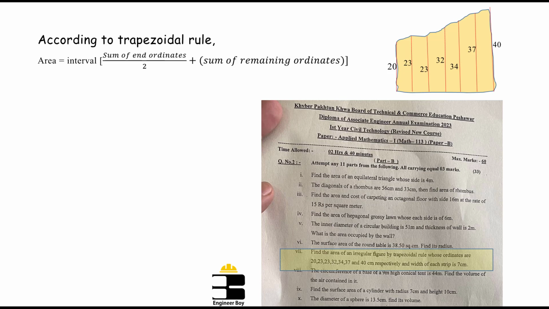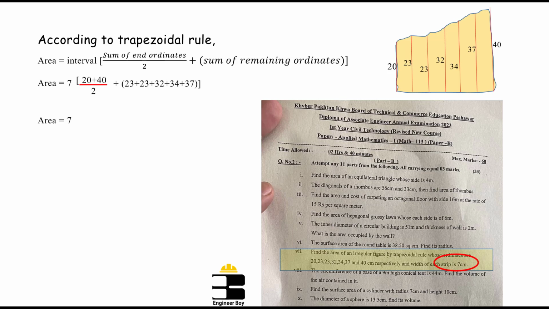Now as you can see, I'll be just putting values in the equation, like area equals the interval that is known, which is 7 centimeter, and the sum of the end ordinates, which is 20 and 40. We will take its average, which means divide by 2, plus the sum of the remaining, like 23, 32, 34, 37.